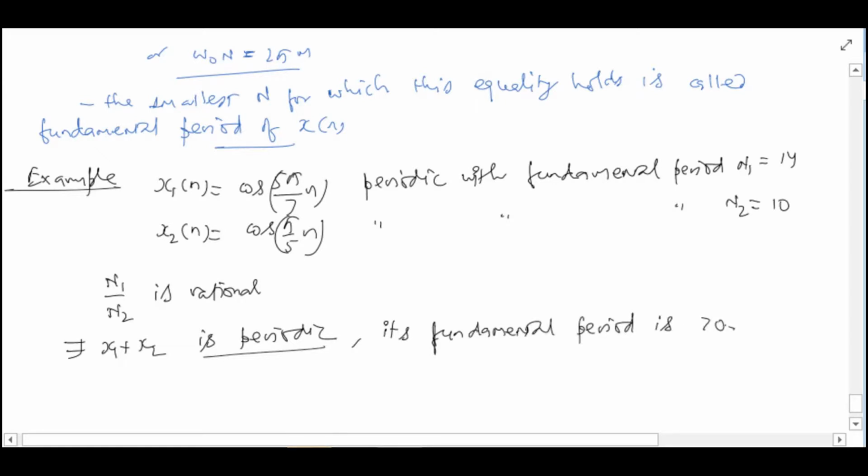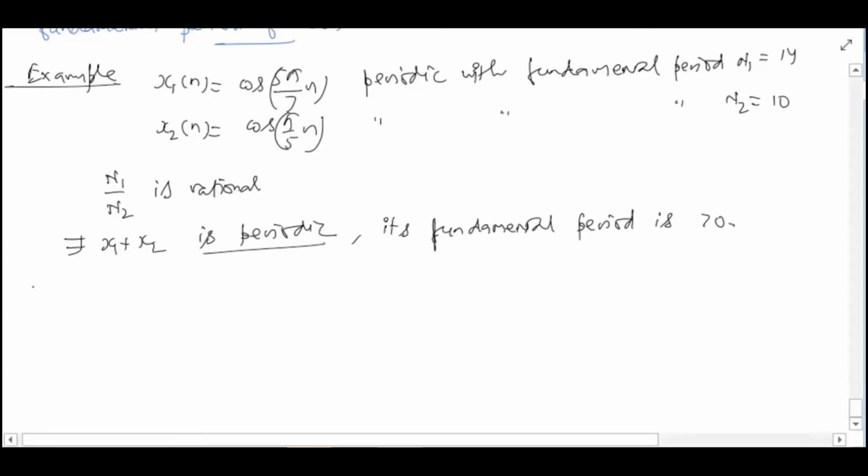Okay, so having defined periodic signals, let us now move to the definition of the discrete time Fourier series. Let's look at Fourier series.